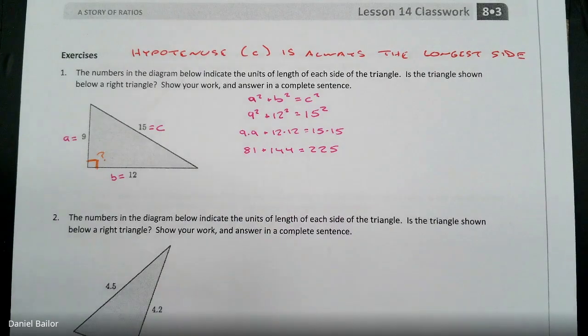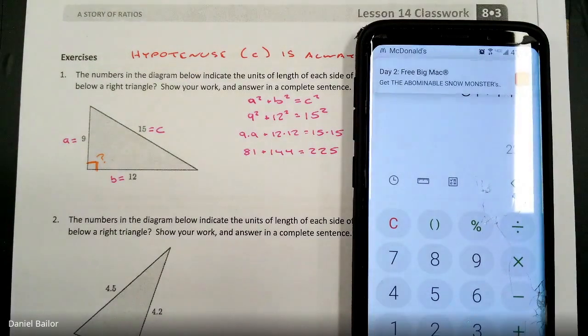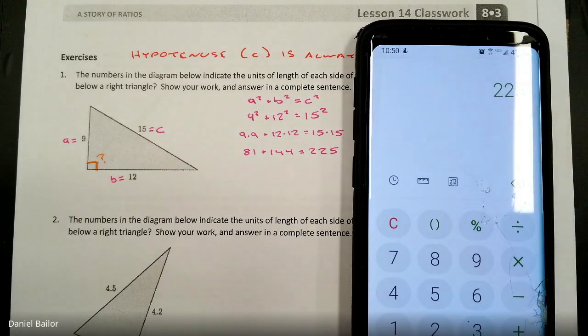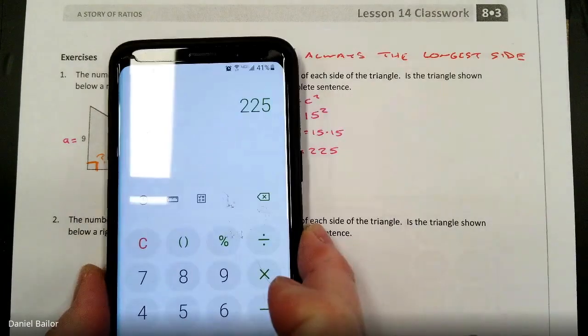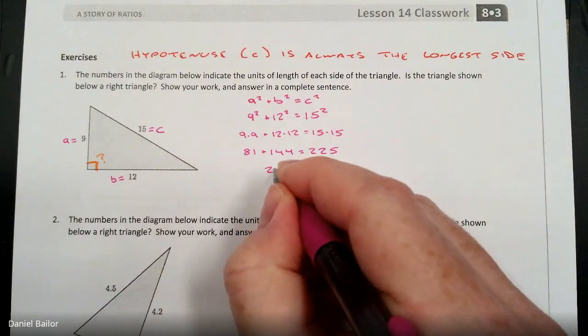I know it, but just to prove it for you, in case you do not trust me, 81 plus 144 is 225.